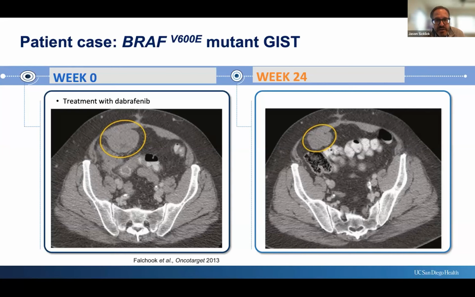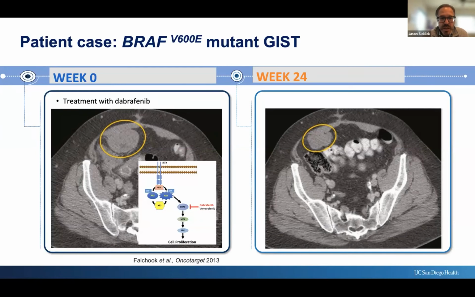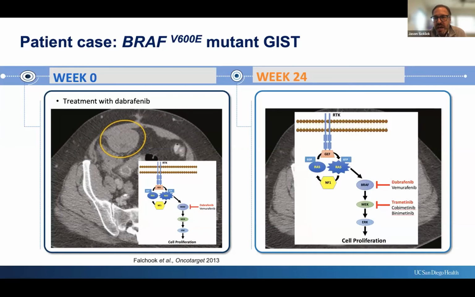And so what you can see here is this modest response to treatment. But this was a drug that worked for a disease where the patients would be resistant to imatinib. And so we now have a couple of different BRAF inhibitors, including dabrafenib and trametinib. What's gone on over time is that we've learned there are steps downstream of BRAF, being MEK, which is another immediate target downstream.